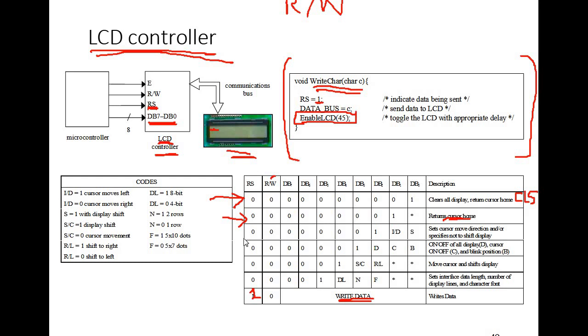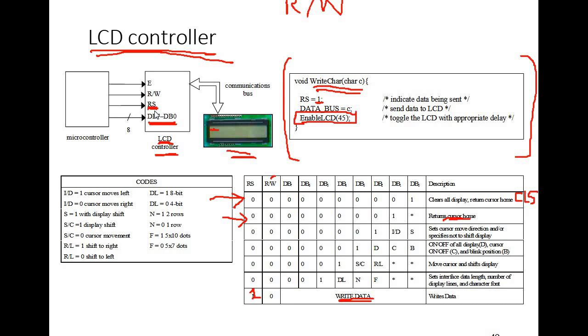And we can see that the R/W line tells us whether we want to read the LCD controller or write to the LCD controller. Okay, and enable is used to enable the LCD. Whenever we want to communicate with the LCD, we have to enable the LCD.